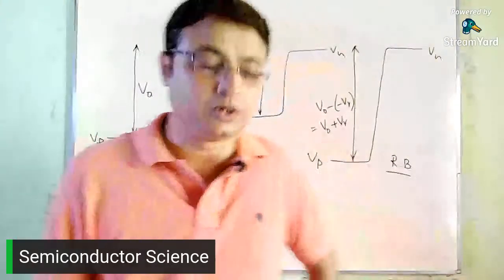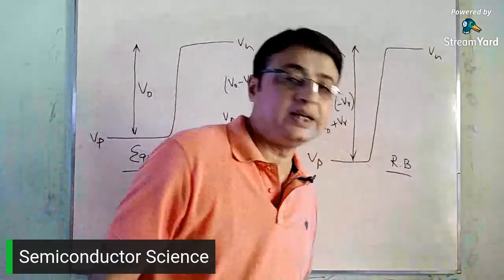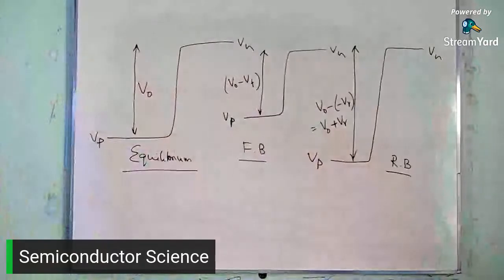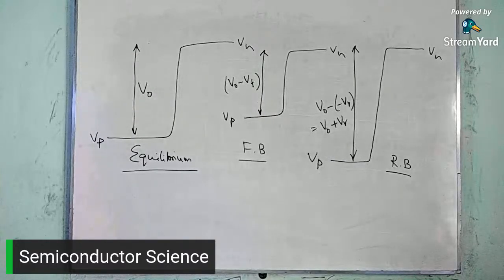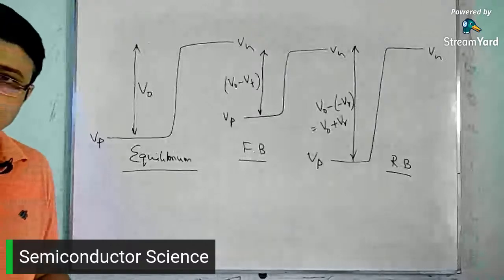So let's move on to the topic. This lowering of the potential barrier occurs because of a forward bias, that is, P is positive with respect to N. We know that is the case of forward biasing. This raises the electrostatic potential on the p-type side.